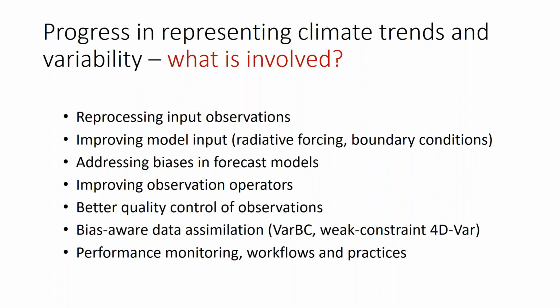We need to improve quality control of observations. The data simulation itself does not, in most cases, handle biases explicitly, with the exception of variational bias correction and weak constraint 4D-Var, but those are only really beginning to be used properly, and there are, of course, more fundamental problems with attribution of biases in data simulation. But work has to be done on all of that.